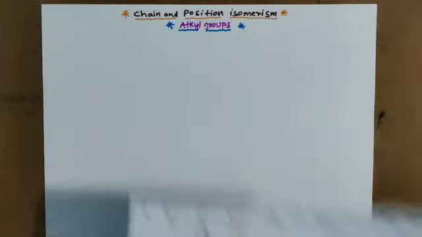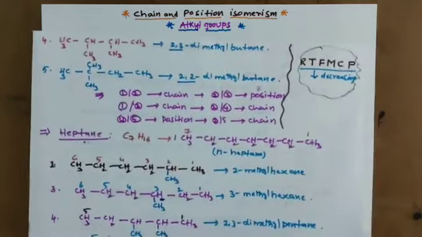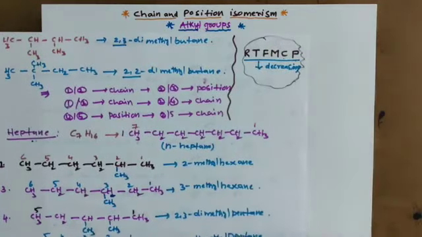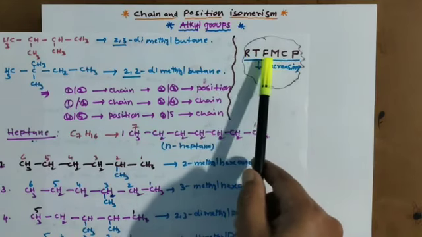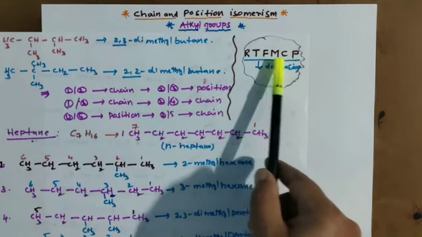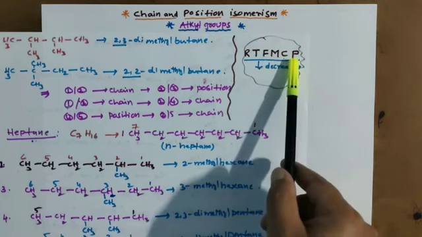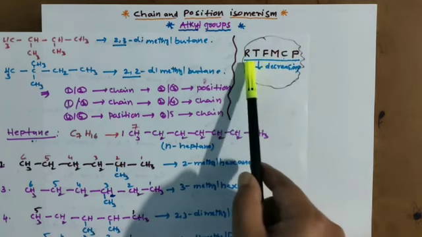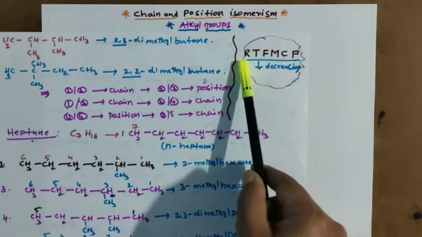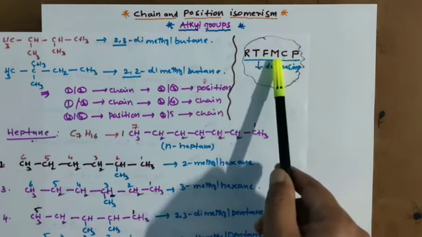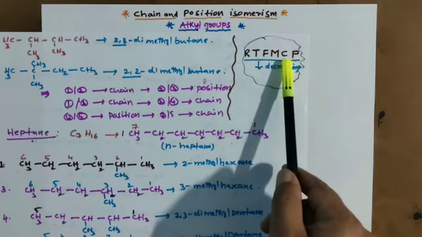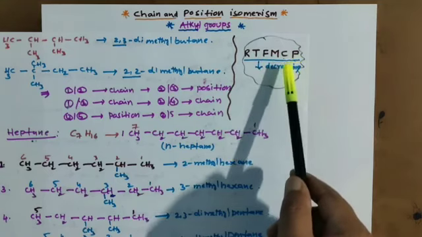If any chain has all types of isomers, that is ring, tautomer, functional group, metamer, chain isomerism, position isomerism, we have to give first priority to ring, next tautomers, next functional group, next metamers, next chain isomer, next position isomer.